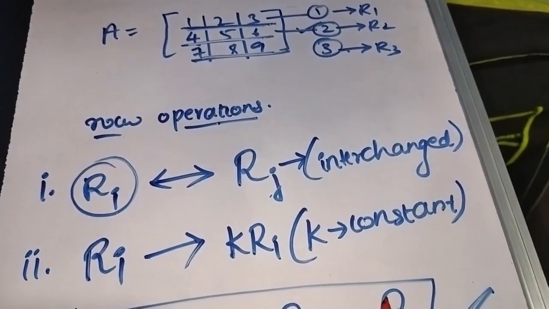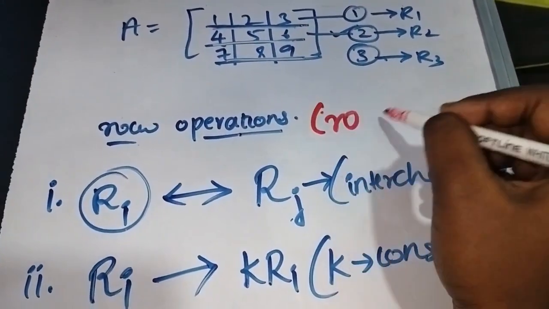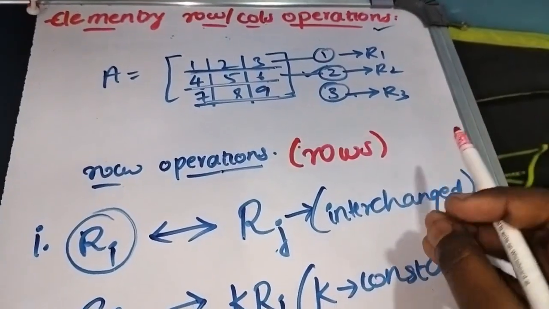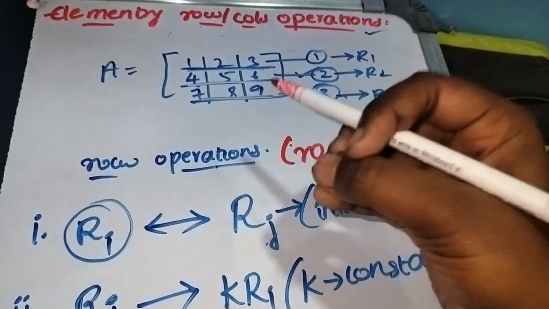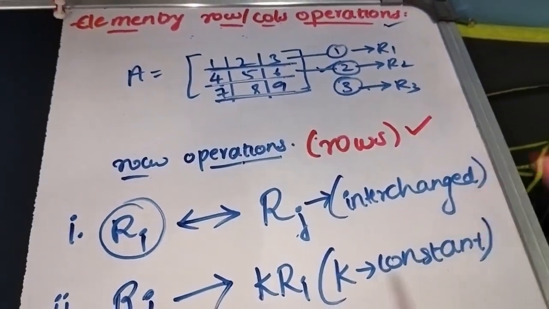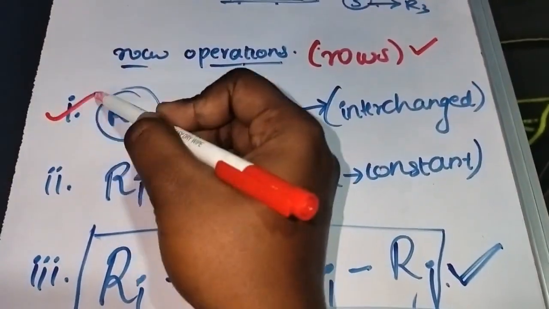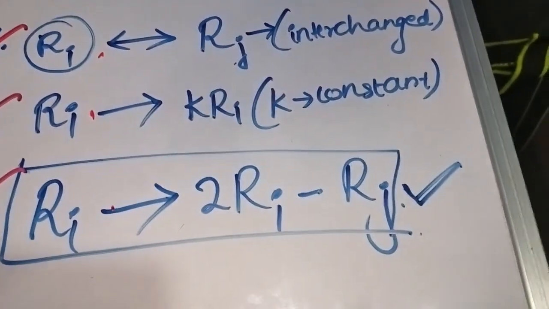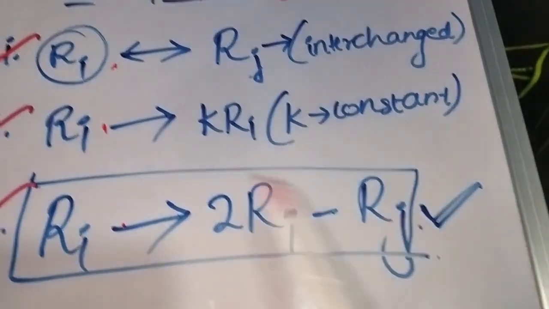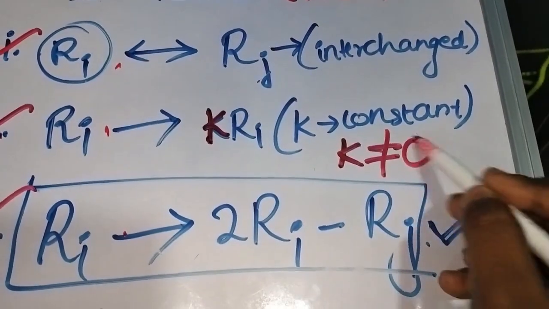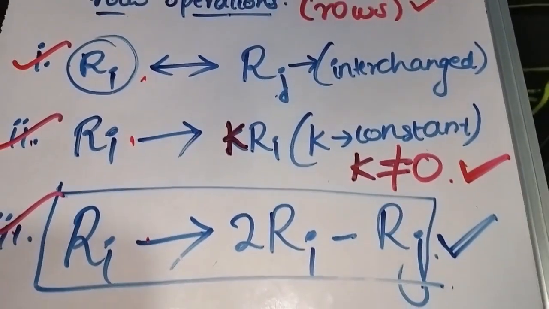These row operations are specified only for rows, interchanging or changing the values of the elements in the rows, and we have a separate concept for columns. These first 3 cases are mainly used in the simplification of matrices, or converting matrices to a given form, where k is a constant and k should not be equal to 0. It is a main point to be noted.